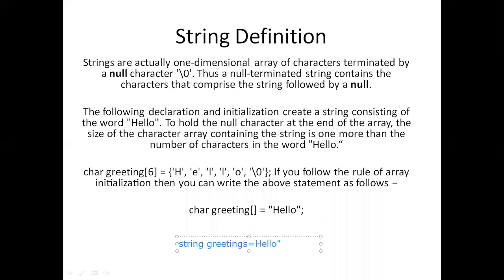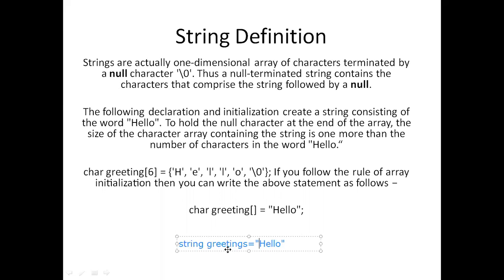If I declare like this, automatically it is equal to char greetings[6] equal to HELLO\0. Instead of this one, I can declare like this also: string greetings is equal to hello. Then automatically at the end of hello, \0 will be inserted.